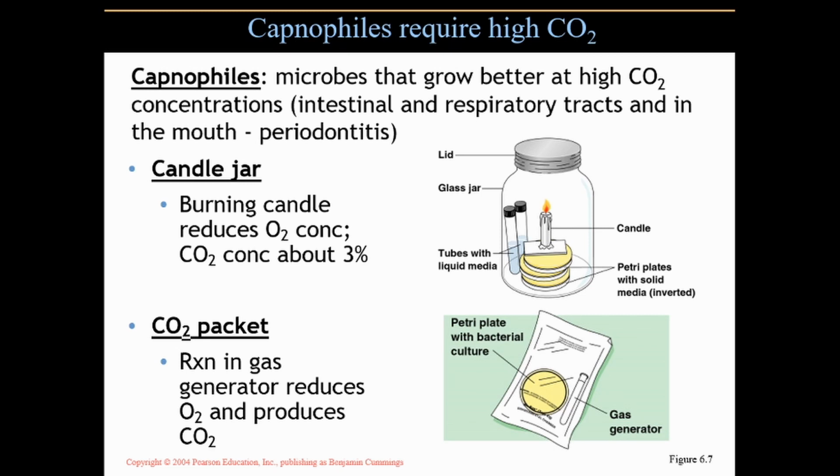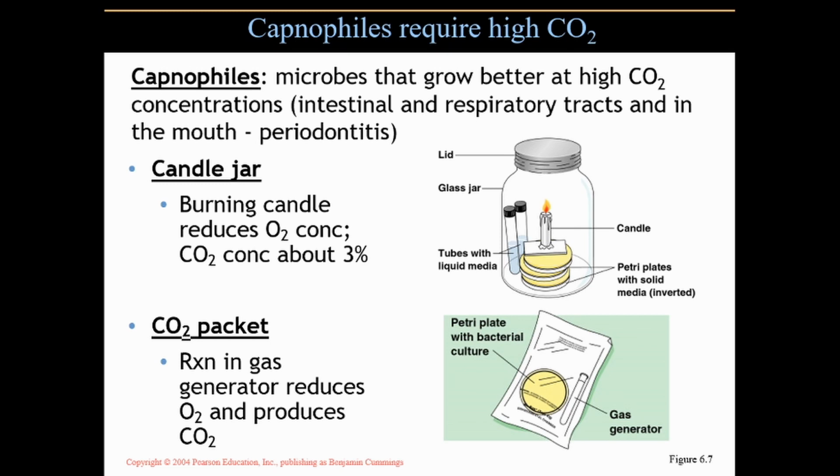There's a group of bacteria called fusobacteria that live down underneath what's called the gingival crevice. That's like that seal that is between the gum line and the tooth itself. Those bacteria will live down in there, and the CO2 concentration is higher in those regions, the intestinal and respiratory tracts and in the mouth.